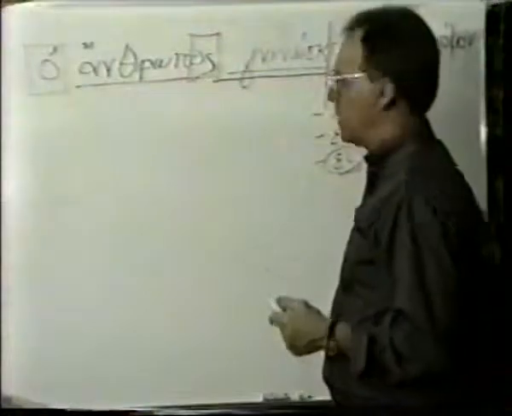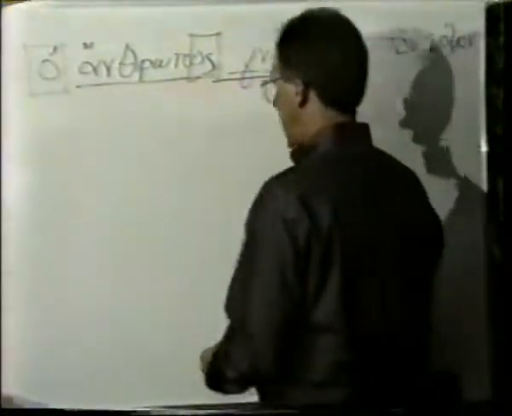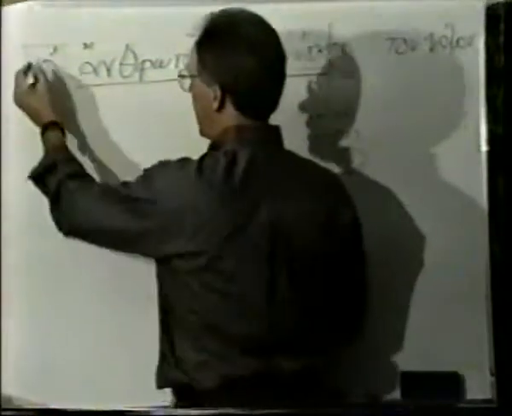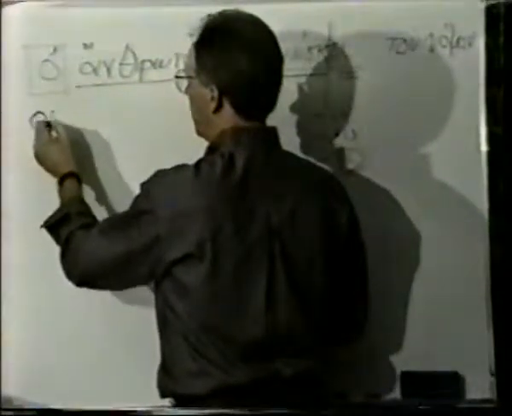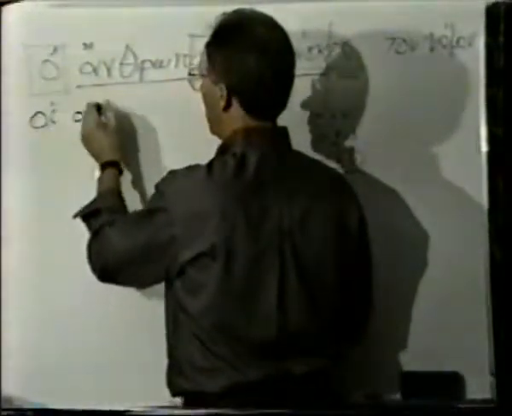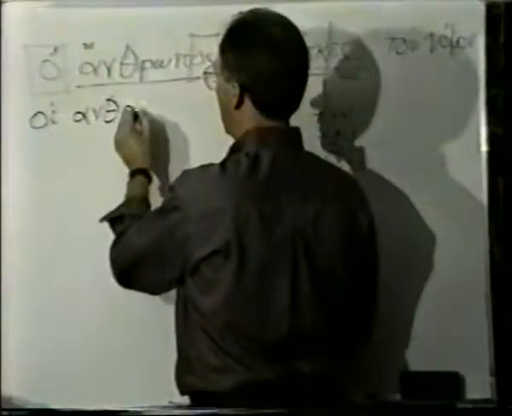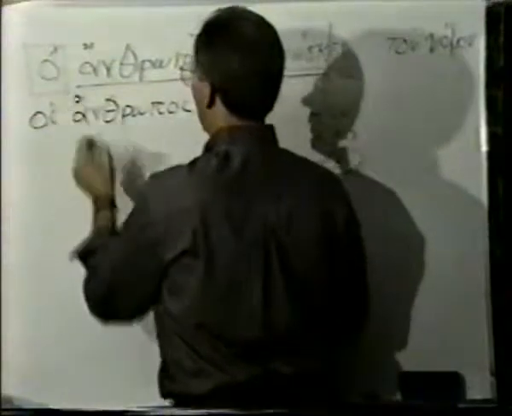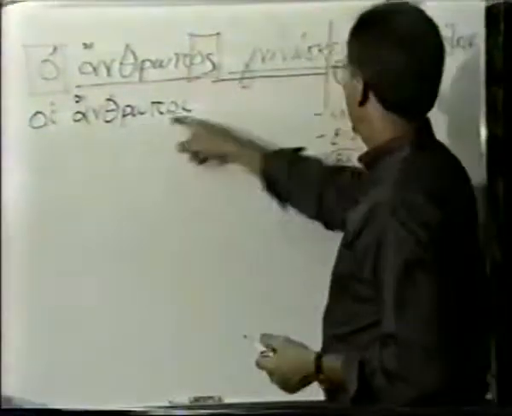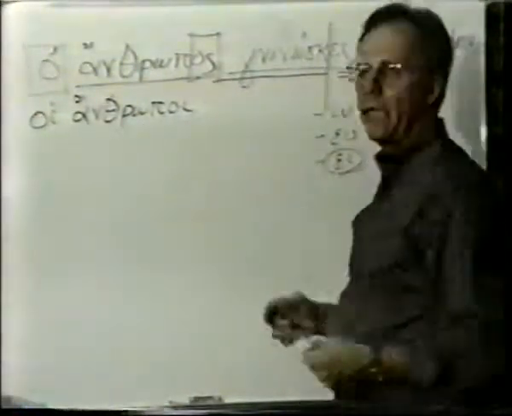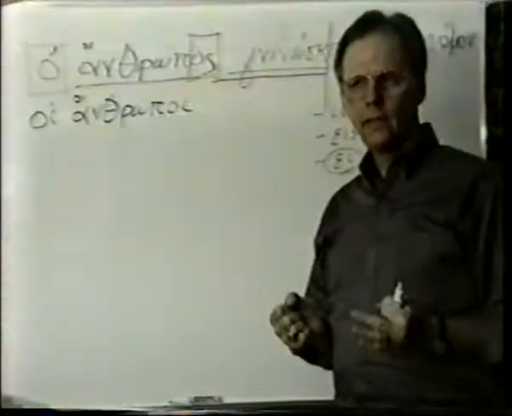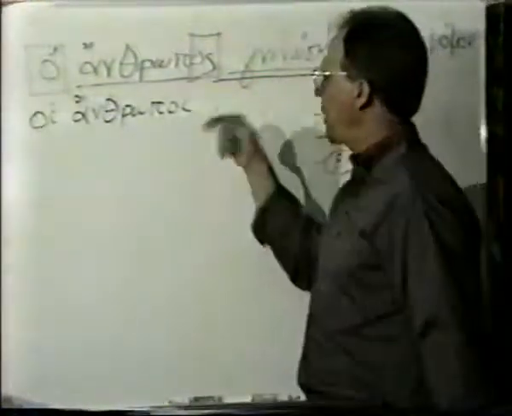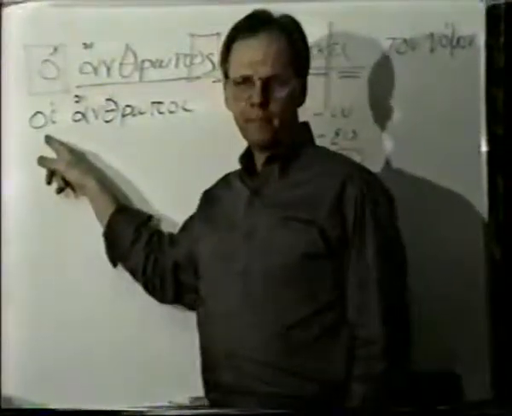Now, for instance, could we say, let's change this article from the singular to the plural. Oi anthropoi ginoski ton nomon. Can we say this? No. Because what we have now done, we have changed the number.